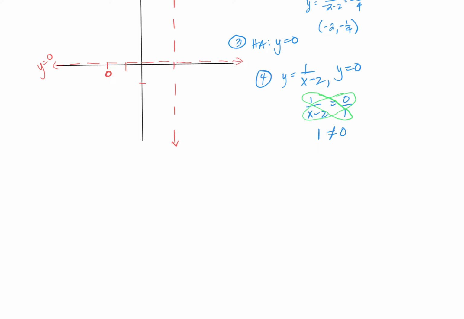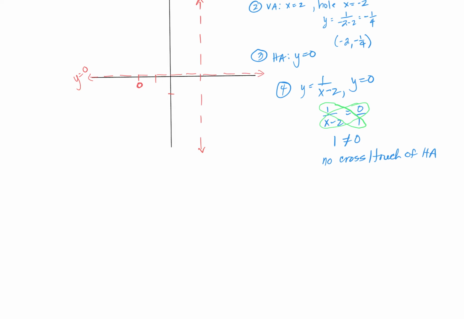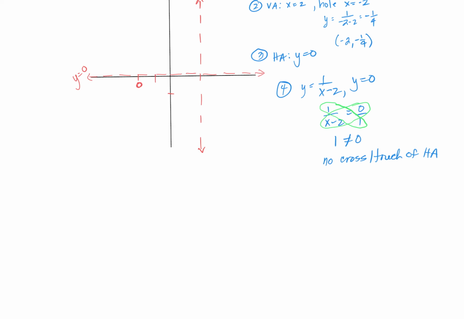And since 1 is not equal to 0, that means there's no cross or touch. And I'm happy, because that makes everything nice. I know that my function will exactly follow my horizontal asymptote.